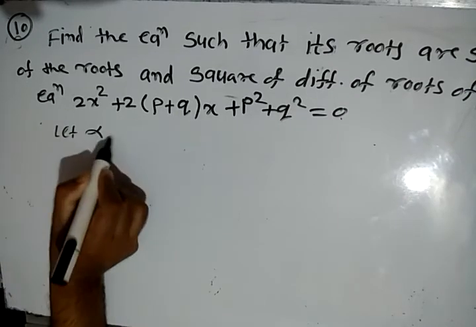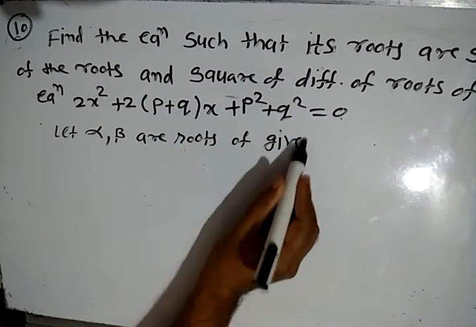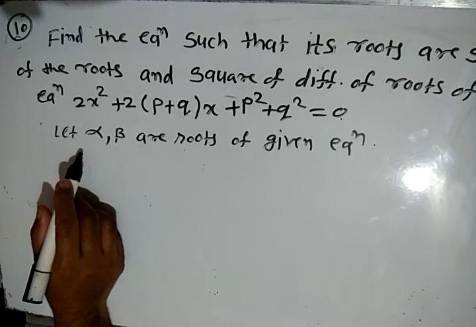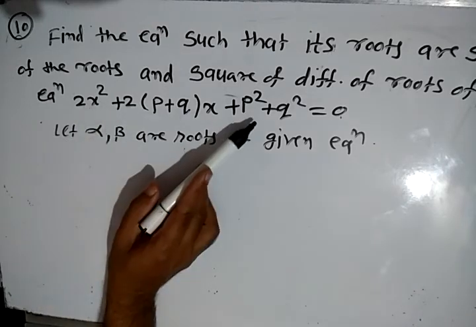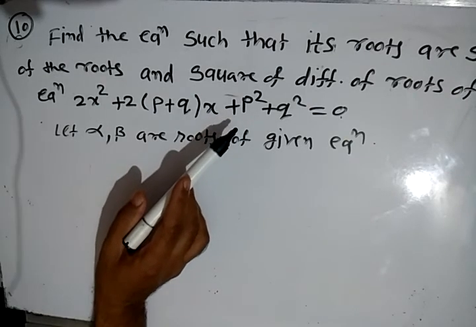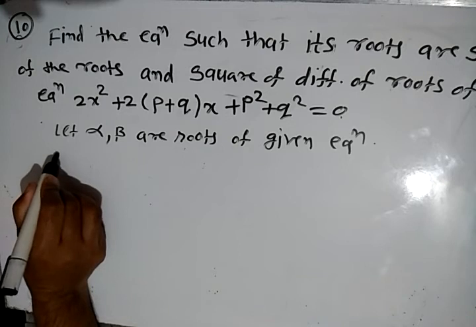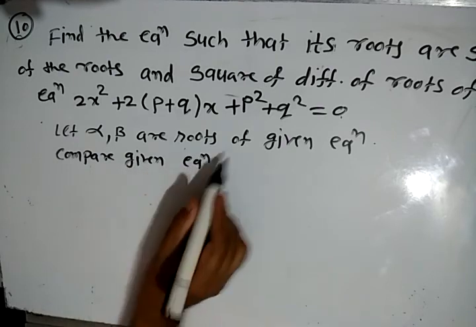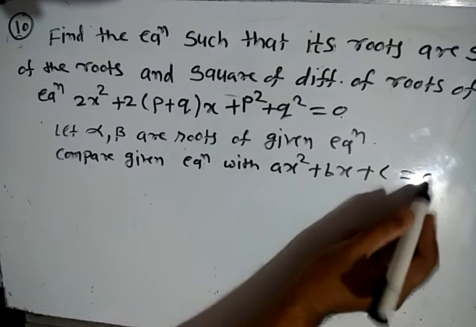Before writing alpha plus beta and alpha into beta, compare the given equation with the standard form ax square plus bx plus c is equal to 0 and first find the values of a, b, c.